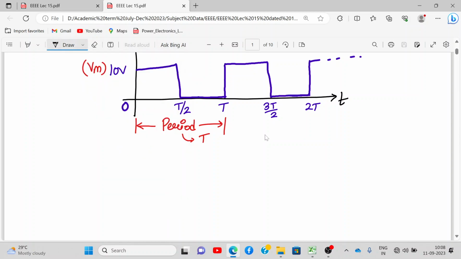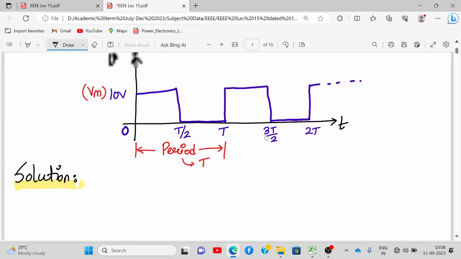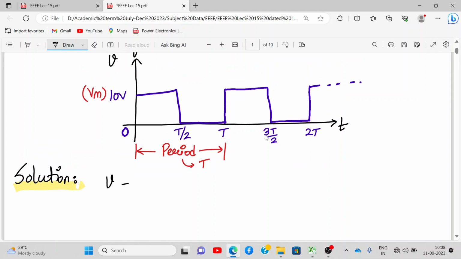So let's start with the solution. First of all, how is this V defined? This voltage V is actually 10 volt if T goes from 0 to T by 2. Meaning between 0 to T by 2, my value of V is constant 10.